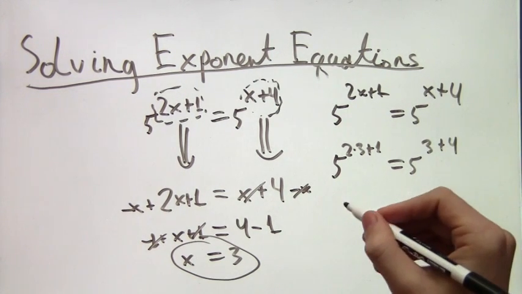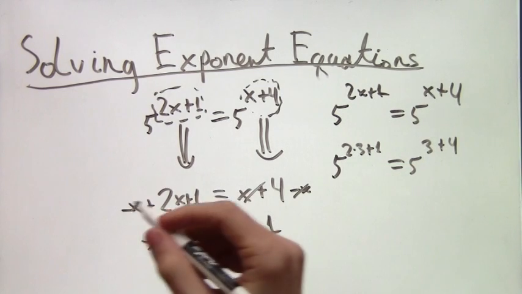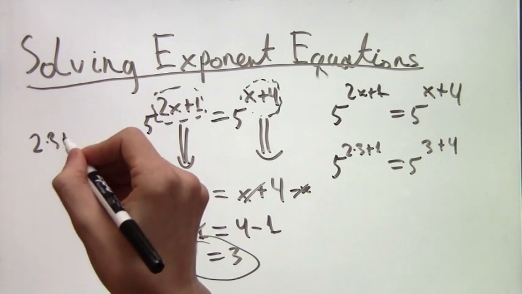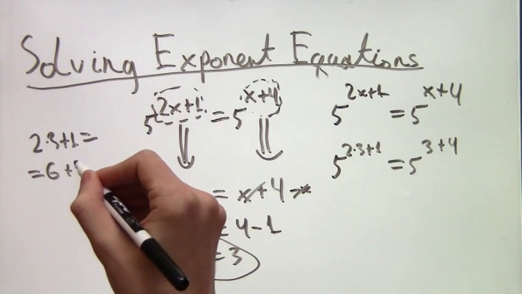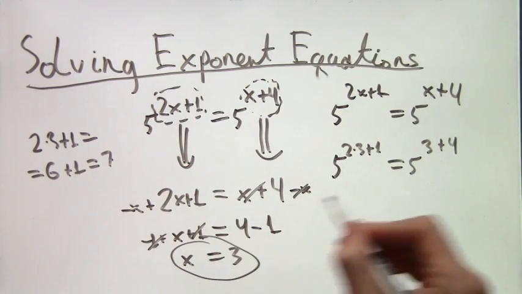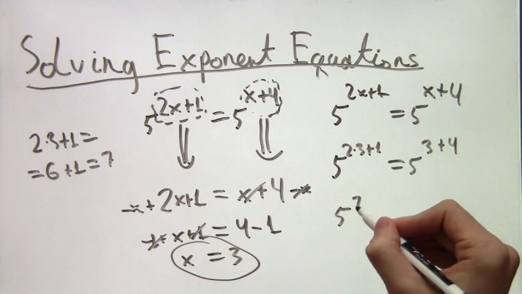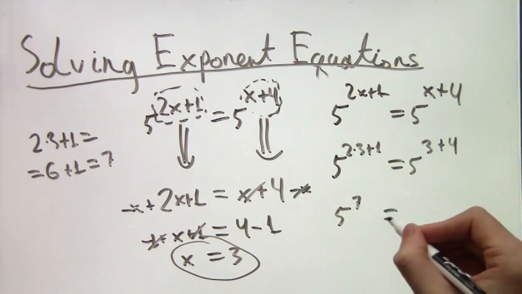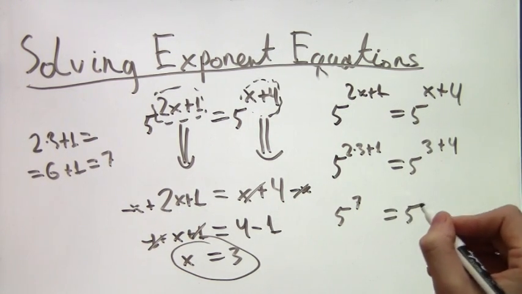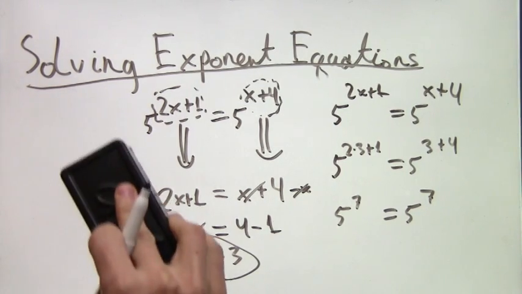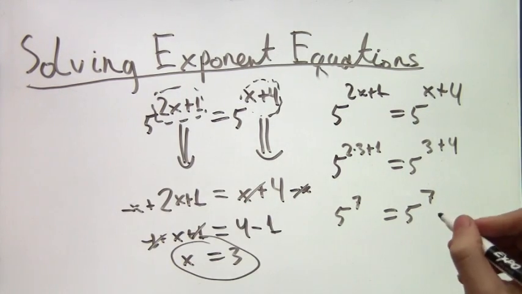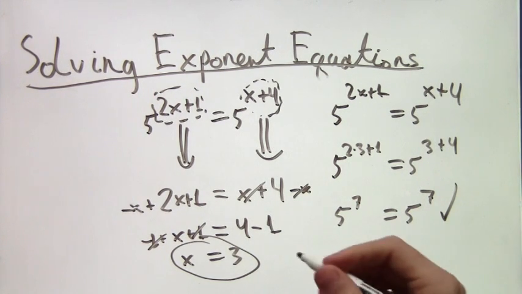And now all I have to do is calculate. 2 times 3 plus 1 is 6 plus 1, which is just 7. So we have 5 to the 7 on one side, and on the other side we have 5 to the 3 plus 4, which is also 7. And of course, 5 to the 7th is equal to 5 to the 7th. So the answer x equals 3 is right.